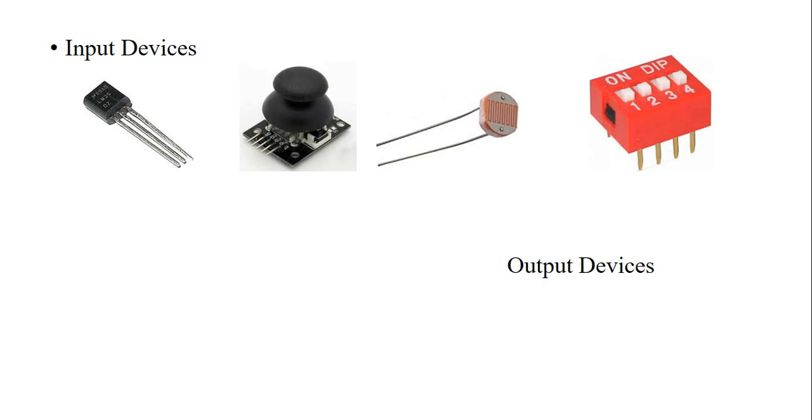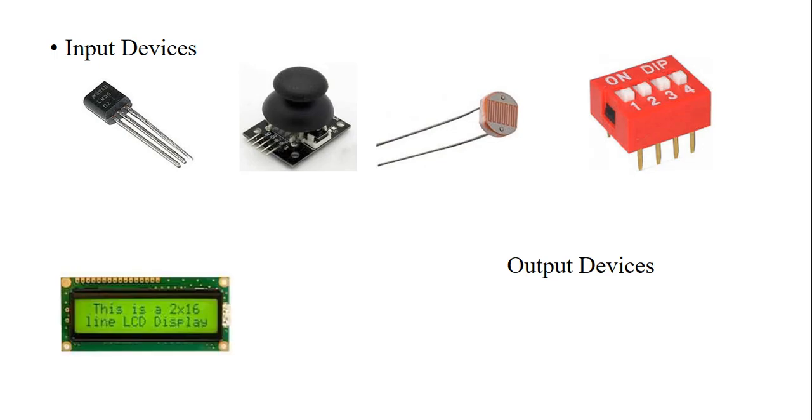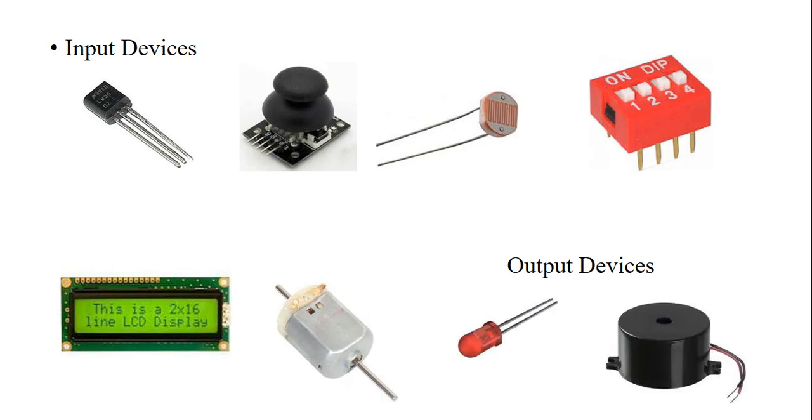Then output devices. Whatever input we have sensed or any process data, if I want to display or store it after processing or analyzing, I'll use output devices on an output port, like LCD, motor, LED, and buzzer. Each has its own application.